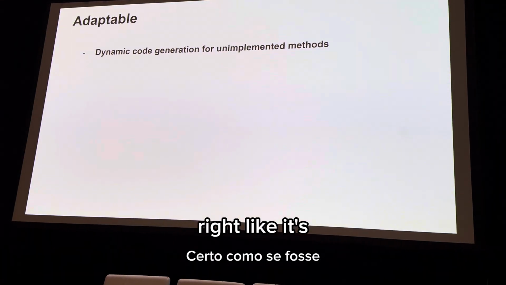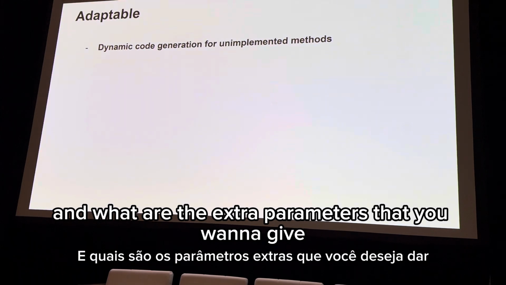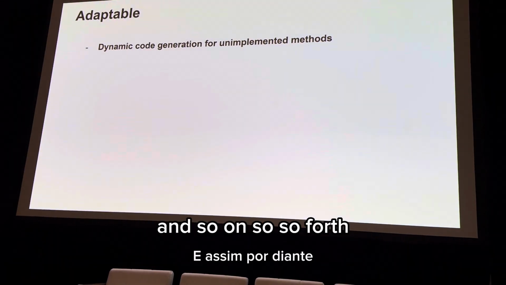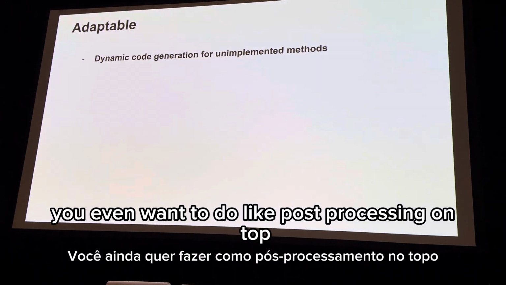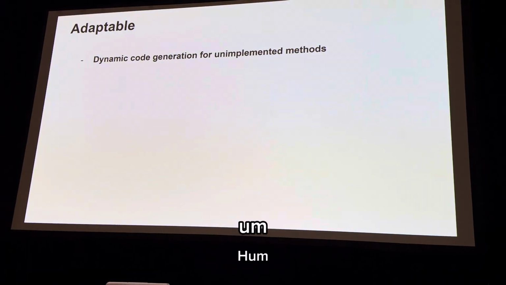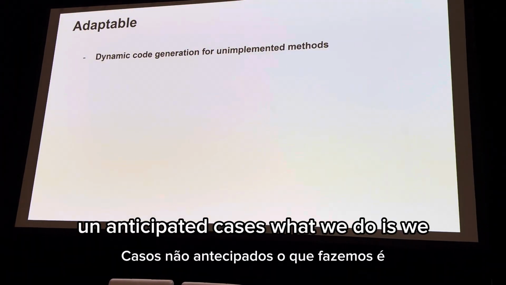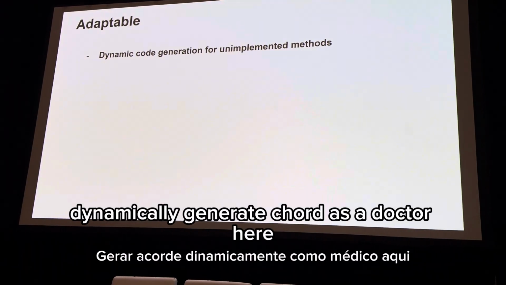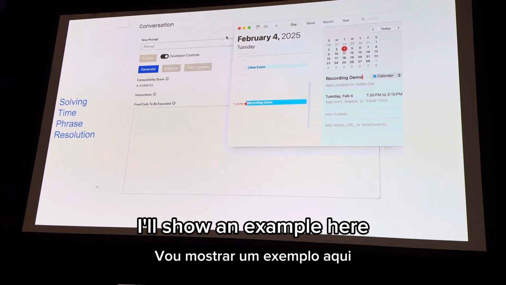It's a tool, but how you call it, what extra parameters you want to give, and maybe even post-processing on top. For these unanticipated cases, we dynamically generate code with the help of an LLM, as I talked about earlier. So I'll show an example here.